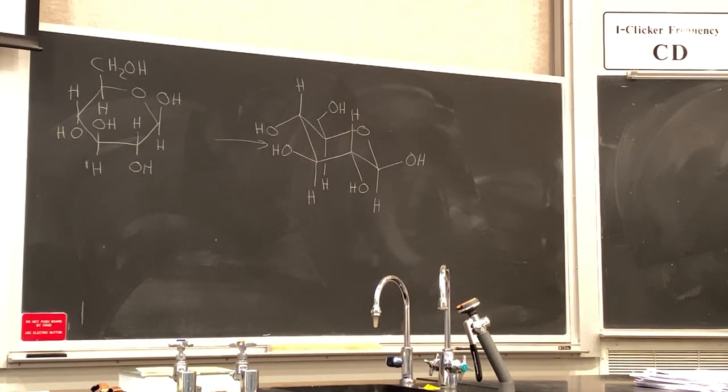So if we have to draw beta D-mannose, we need to change which carbon? C2. If it was mannose, we'd put the OH at C2 in the axial position. Which one would we need to change if it was galactose? C4, which is over here, that one would be axial in galactose.